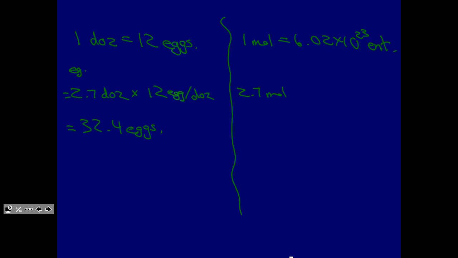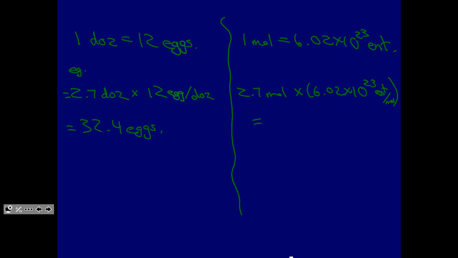Well, each mole has 6.02 times 10 to the 23, so in the end, I'm going to multiply just like I multiplied moments ago for the dozens. And it's technically entities per mole. That's how many entities there are in each mole. So again, I just need to multiply. So if I want to get the number of entities, I have to multiply the moles by Avogadro's number. And I'm going to do that right now.